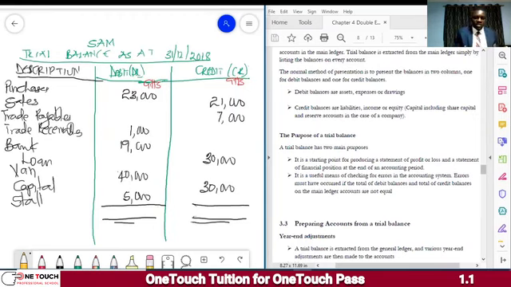So this gives us 88,000. So let's look at the credits. We have 21,000 plus 7,000 plus 30,000 plus 30,000. That is also 88,000. Okay, good.